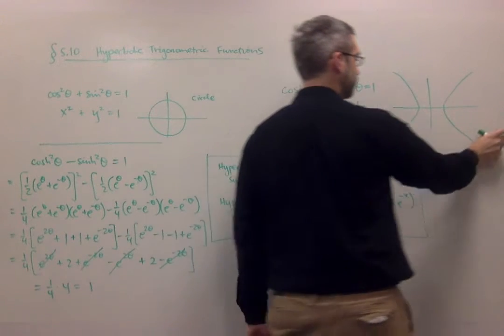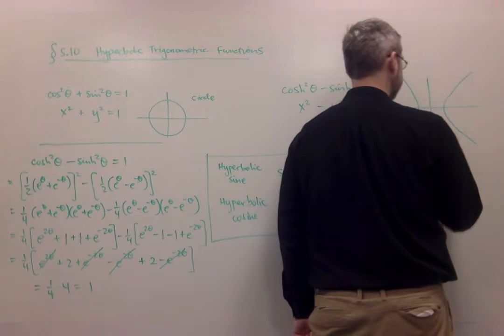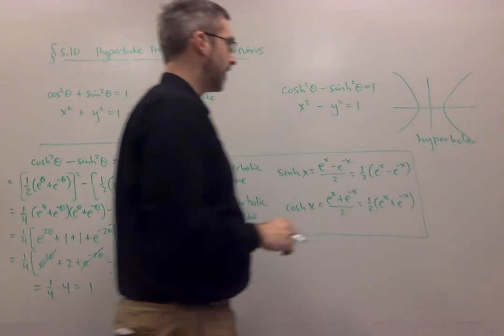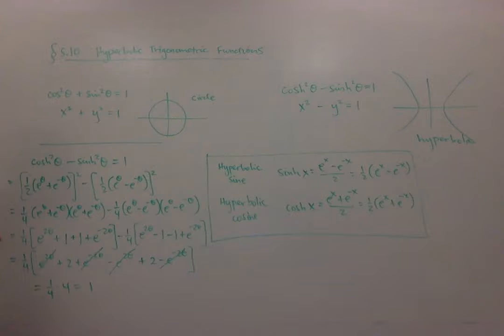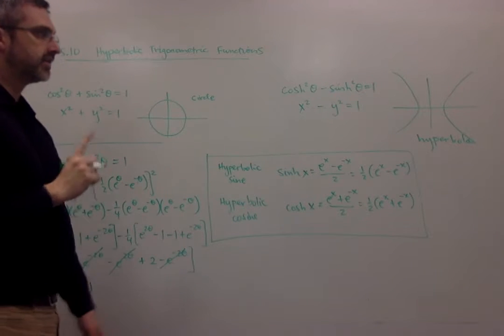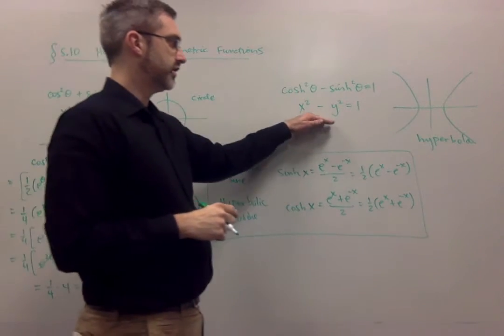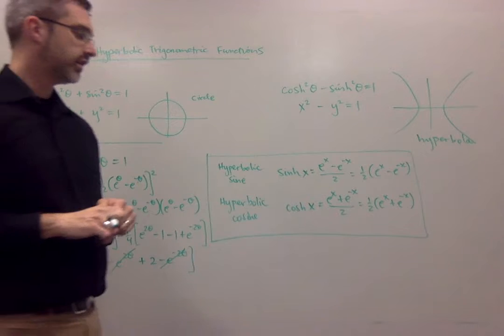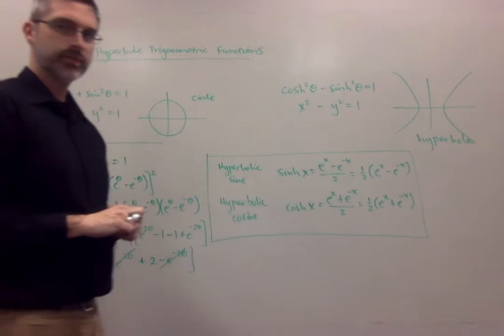Sorry, not a parabola. What am I saying? It's a hyperbola. And that is why these functions are called hyperbolic functions. That's where the name comes from. They satisfy an equation that is a hyperbola. So that's why these functions are called hyperbolic functions.